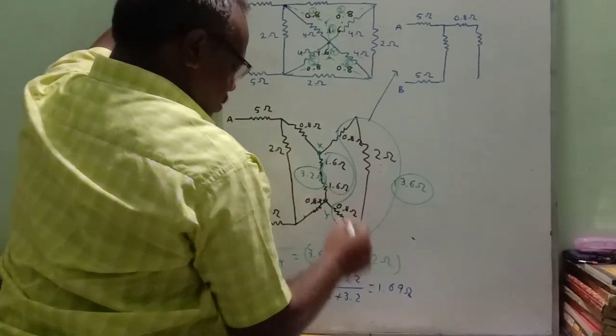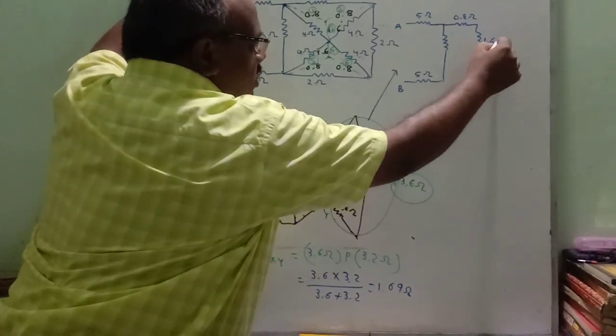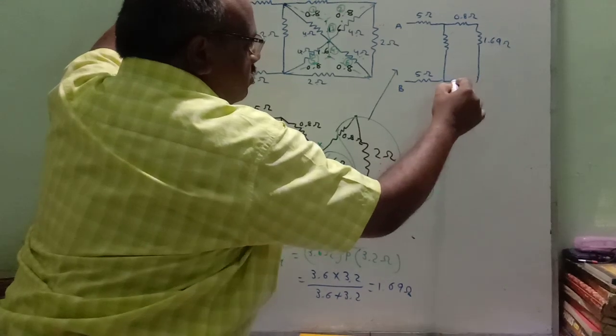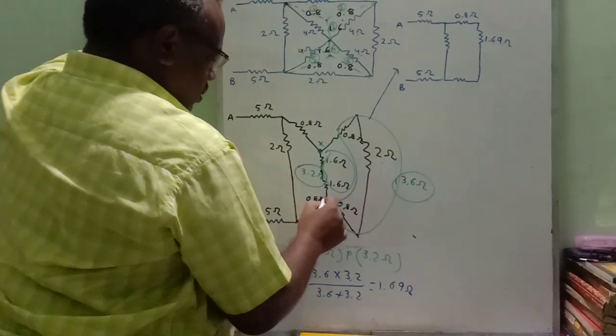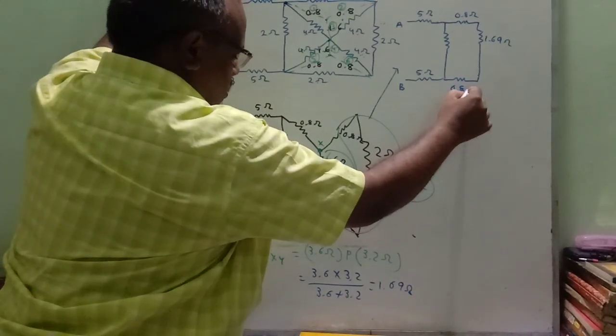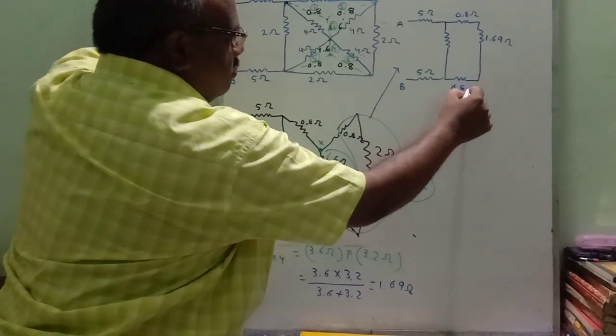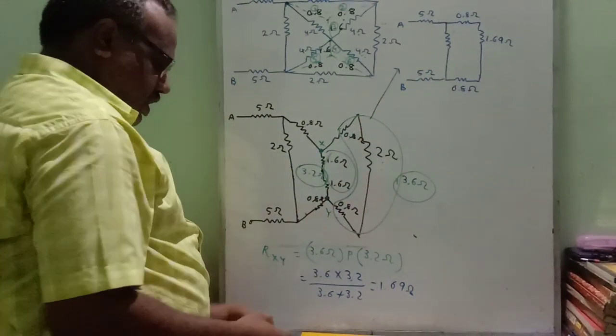In between these two, it will become 1.69 ohm. Now in between these two, it will become 0.8 ohm. So it will look like this.